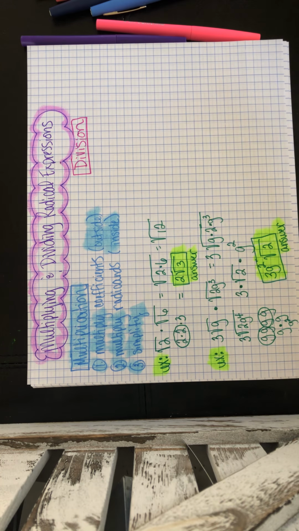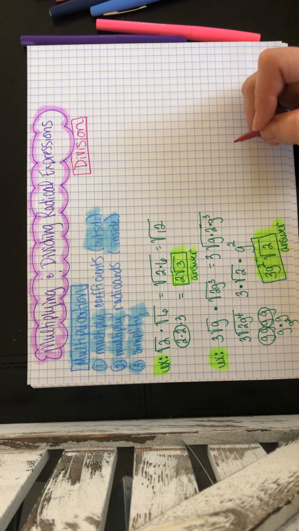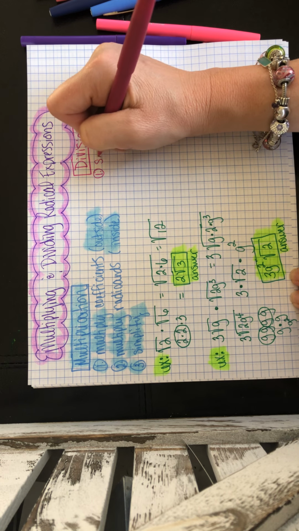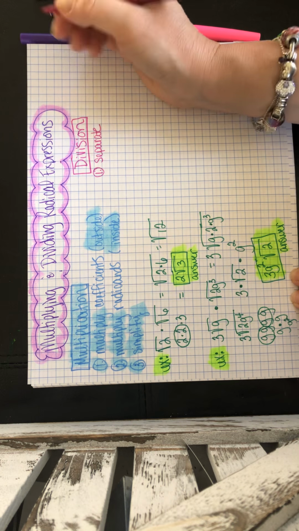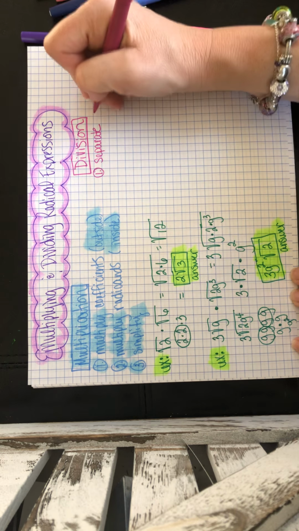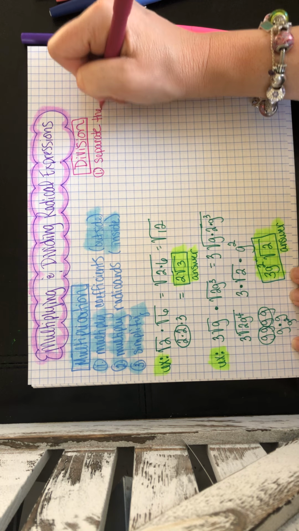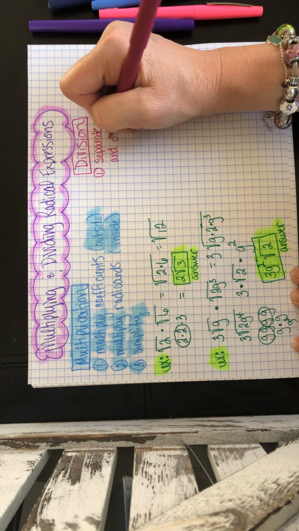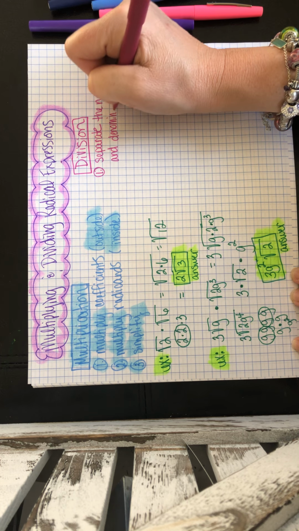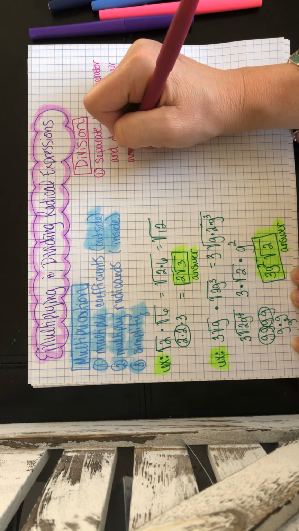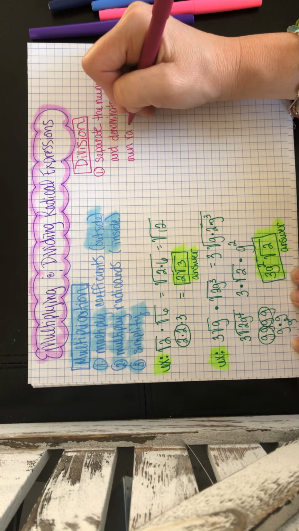So with division, what you're going to do is separate the numerator and denominator to their own radicals.